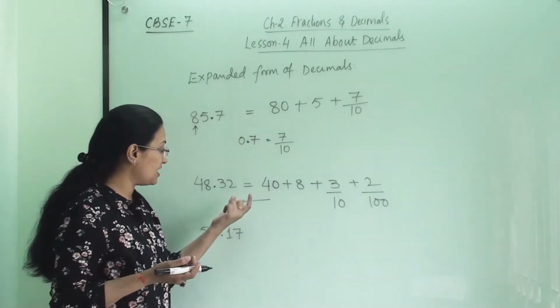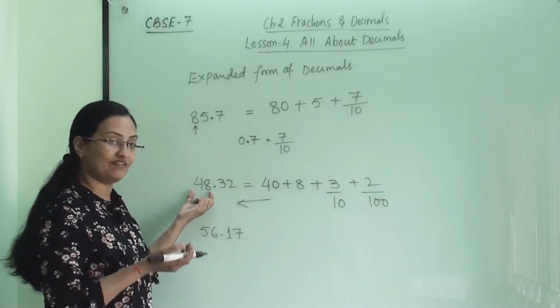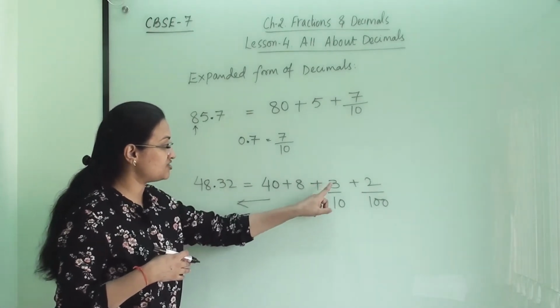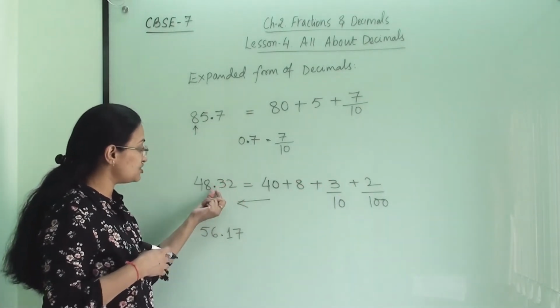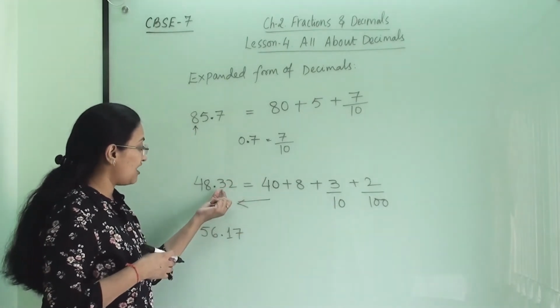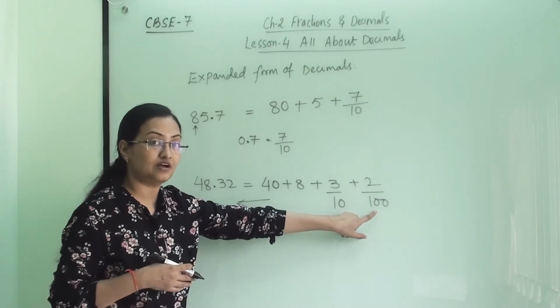So here what we have done: first we have written the number which was before the decimal. Then after the decimal we have taken the number which is just after it, and into its denominator we have written 10. After that, for whatever number is next, we have written 100.